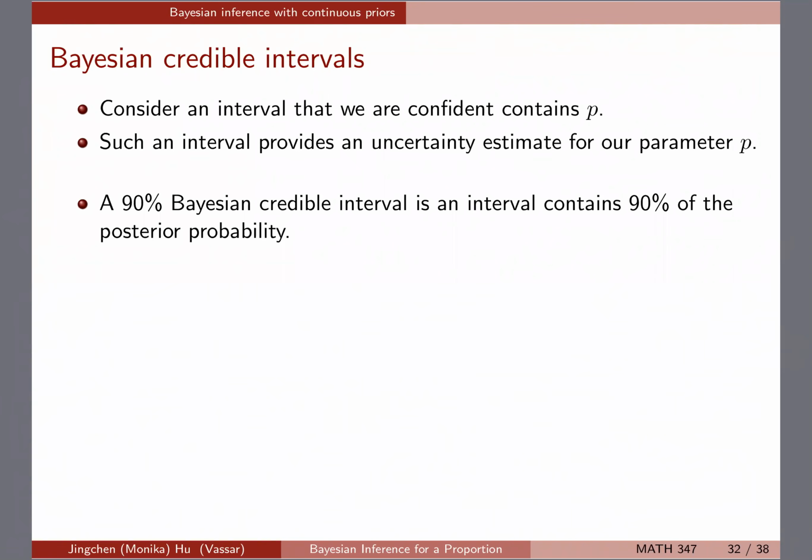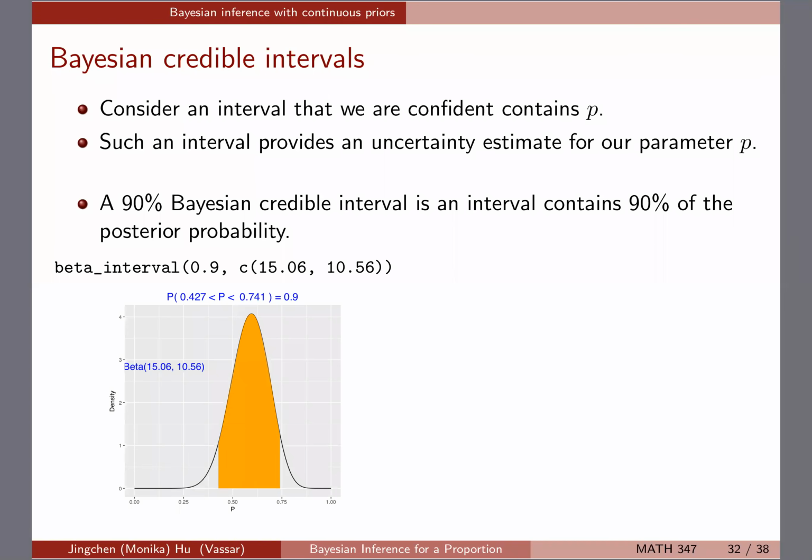You can use the beta interval function in the beta package, and if you do it, you can see that the middle 90% Bayesian credible interval is between 0.43 and 0.74. It contains the middle 90% of the posterior probability.